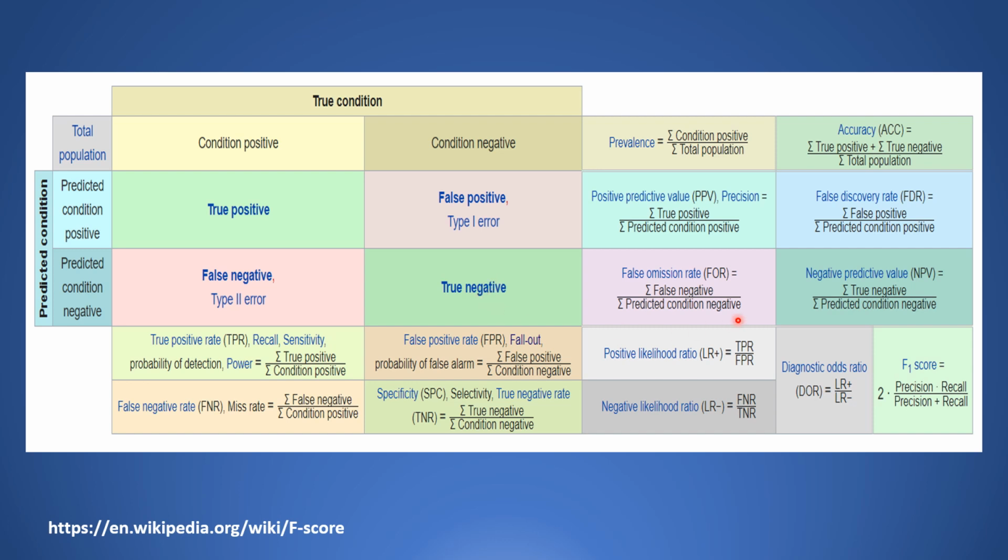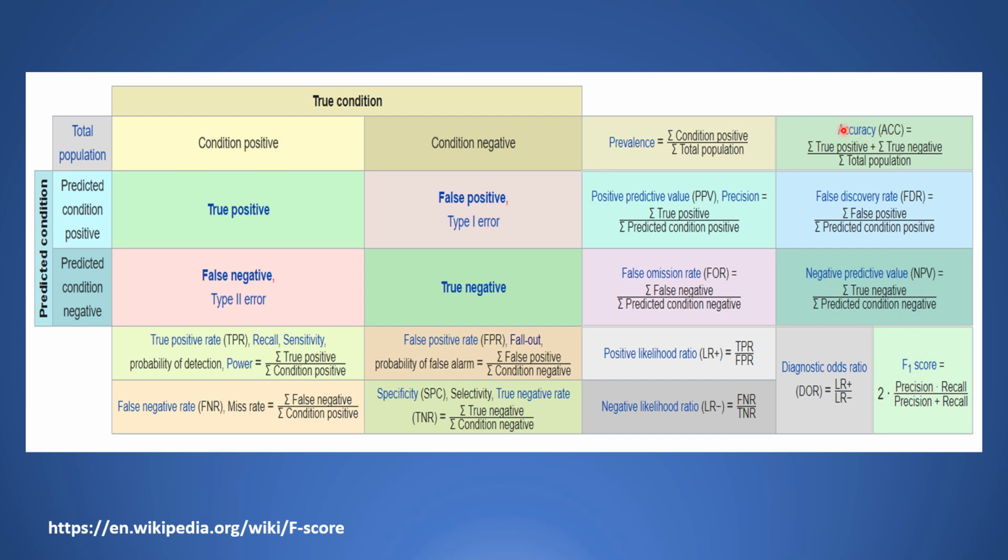Similarly, for the negative class, you also have something like precision, which is negative predictive value, which is nothing but the sum of true negatives divided by the sum of predicted condition negative. So the sum of predicted condition negative is nothing but again the sum of true negatives plus false negatives. Okay, then we have F1 score, which is 2 into precision into recall divided by precision plus recall.